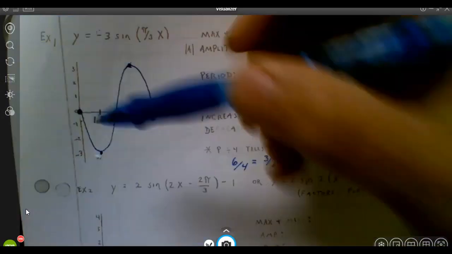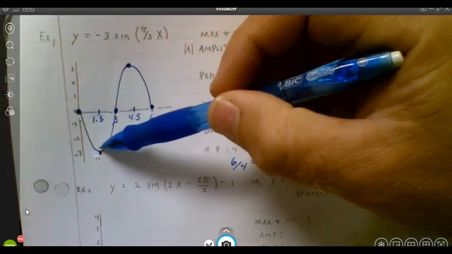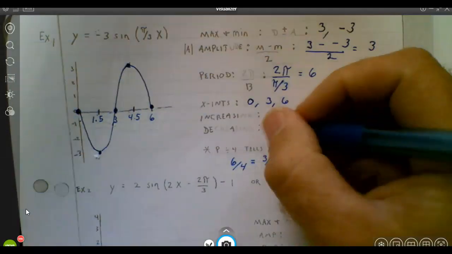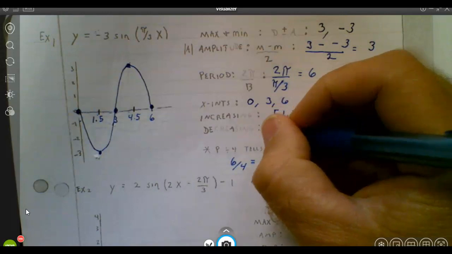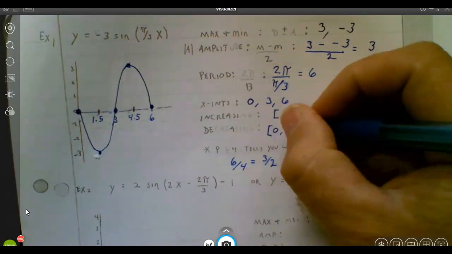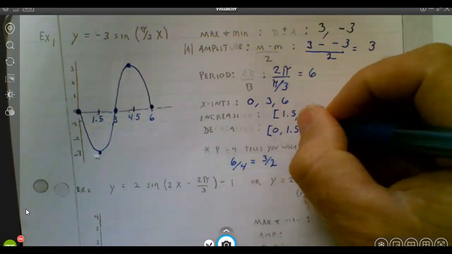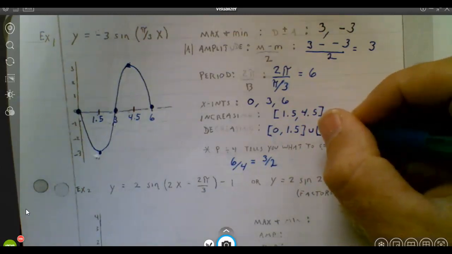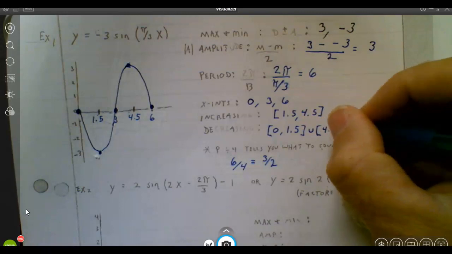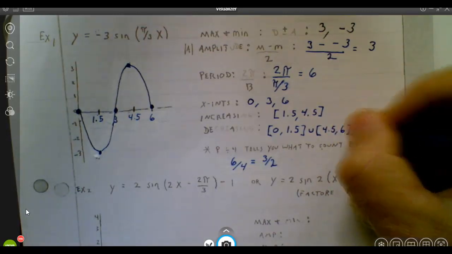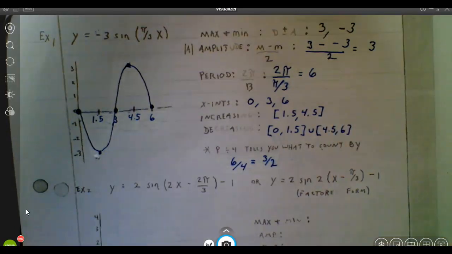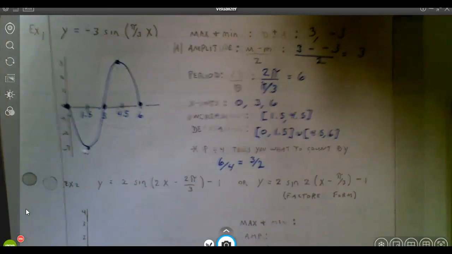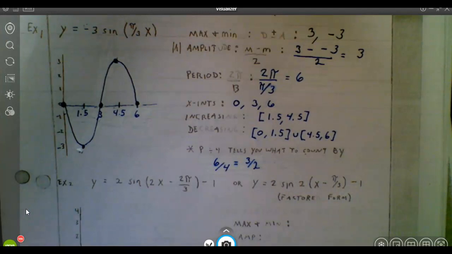And then we are decreasing from 0 to 1.5 and from 4.5 to 6. And we do use brackets for those. We talked about that earlier on in the year. They're increasing and decreasing intervals. They use brackets. But that's it. So that would be it for this one.